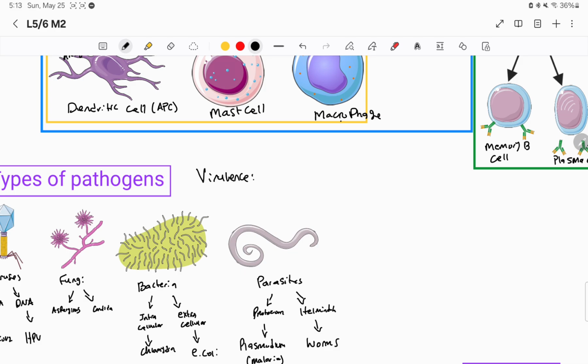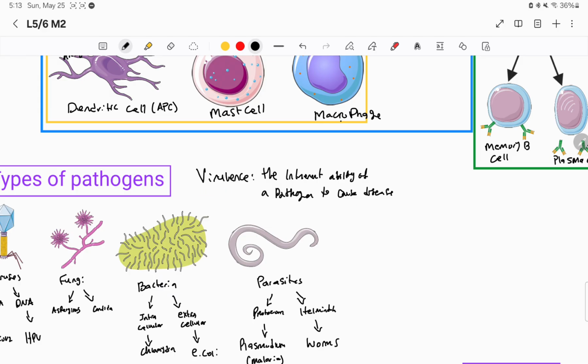Virulence refers to the inherent ability of a pathogen to cause disease.